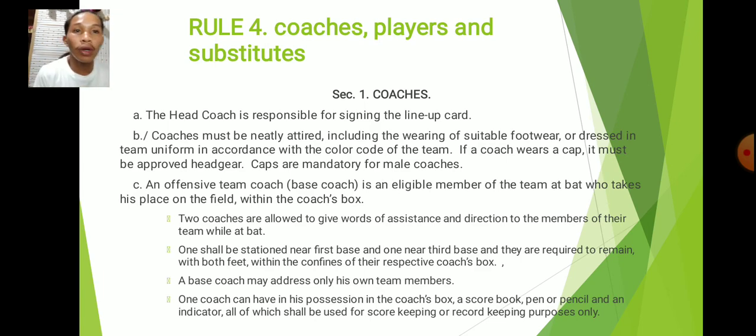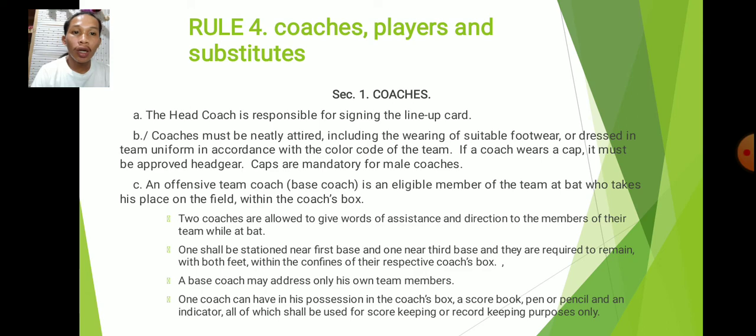Rule number 4, coaches, players, and substitution. Section number 1, coaches. The head coach is responsible for signing the lineup card. Coaches may be neatly attired, including the wear of suitable footwear and dress, and the team uniform according to the color code of the team.